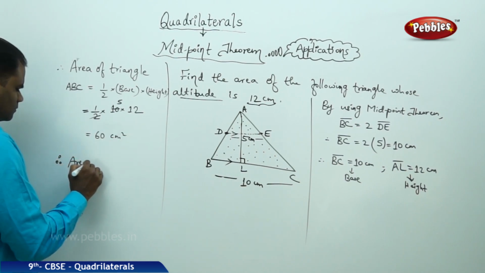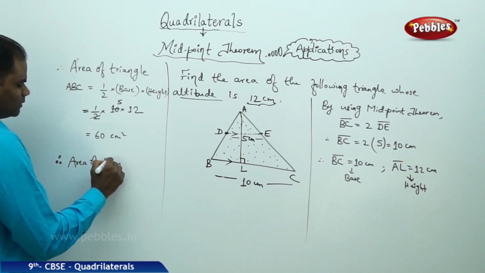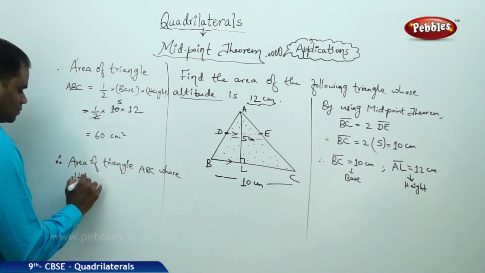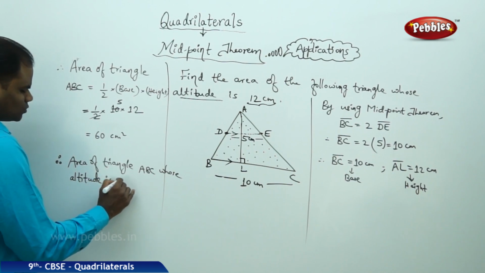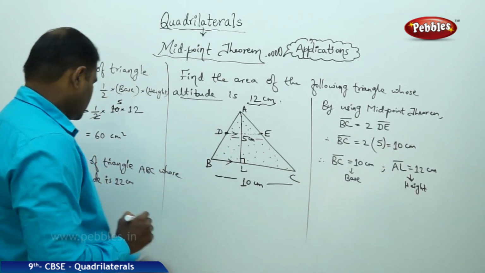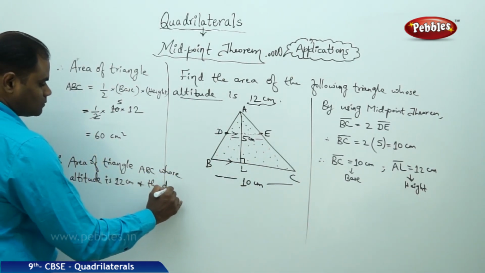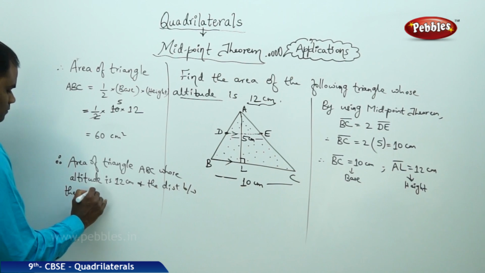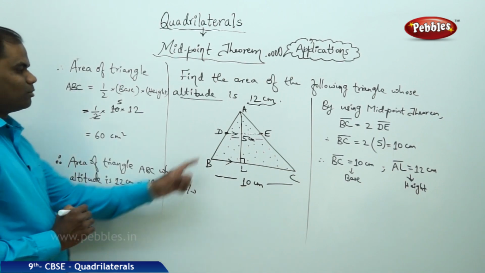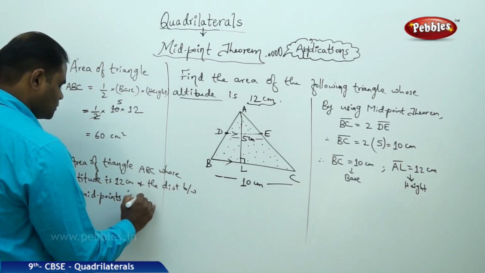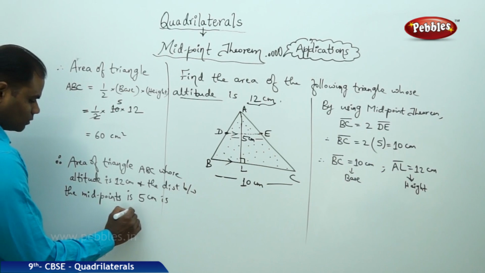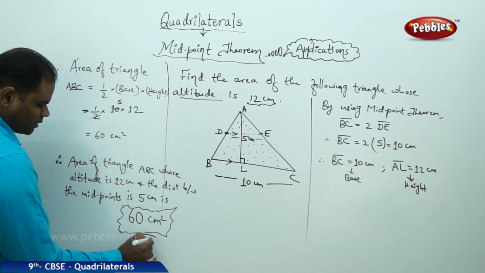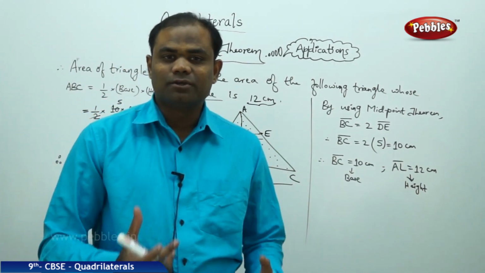Therefore, the area of triangle ABC, whose altitude is 12 centimeters and the distance between the midpoints D and E is 5 centimeters, is on the whole 60 centimeter square. That is how I can find the area using the midpoint theorem.